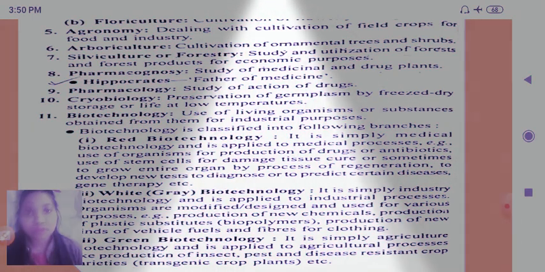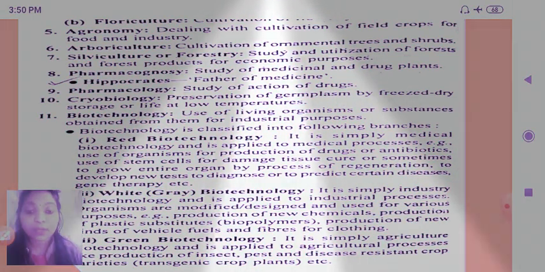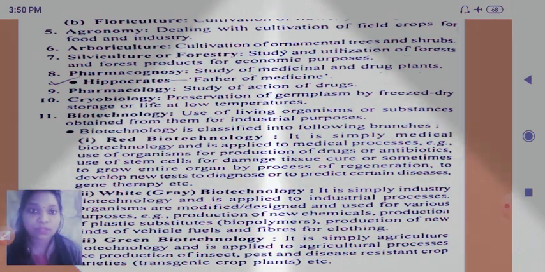It may be of different types. One is red biotechnology, on the basis of their appearance and their application: red biotechnology, white biotechnology and green biotechnology. What do we mean by red biotechnology?